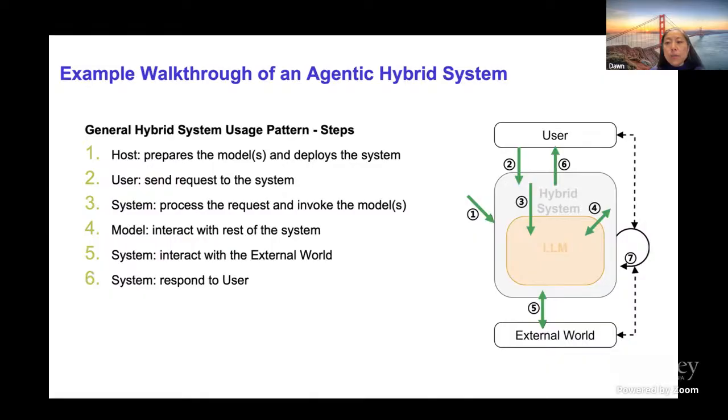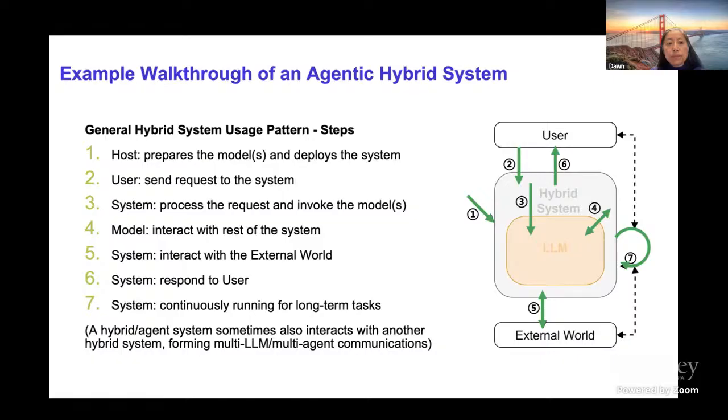And also, the system can respond to the user's query. And overall, the system can continuously run for long-term tasks. Right. So this is an example workflow and a walkthrough of an agentic hybrid system.